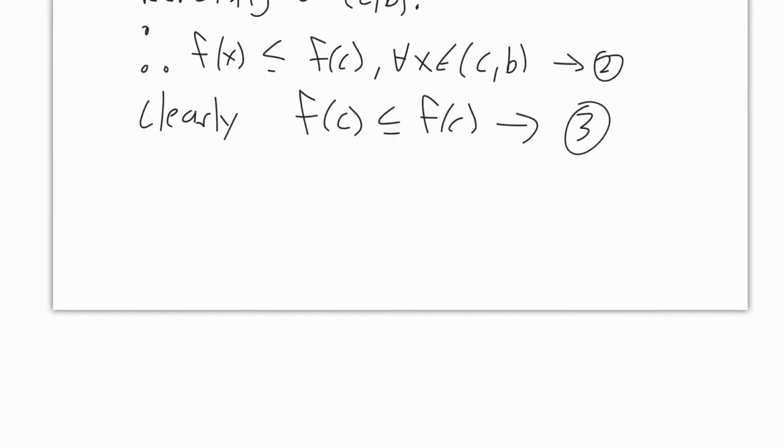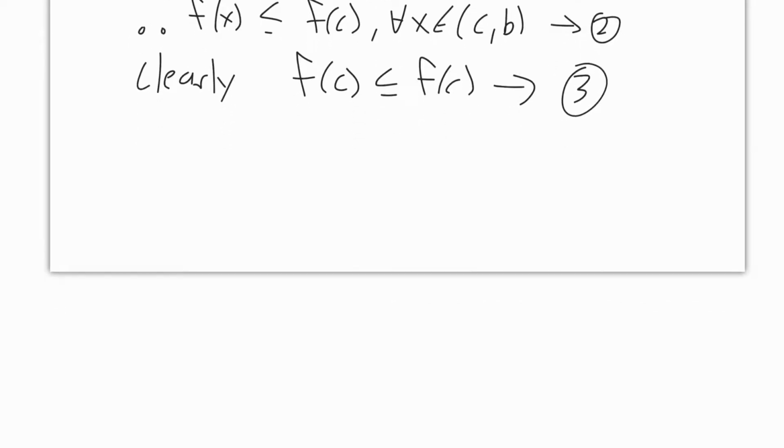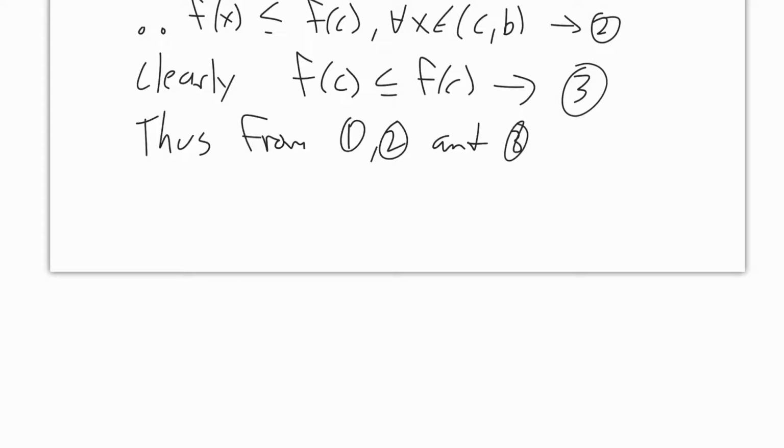And at every point from a to b, f of x is less than or equal to f of c. So we can say, from 1, 2, and 3, f of x is less than or equal to f of c for all x in the interval a to b.